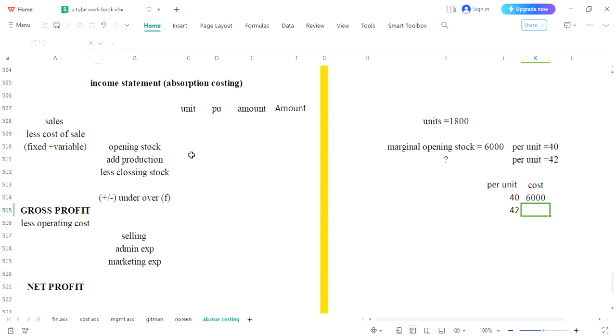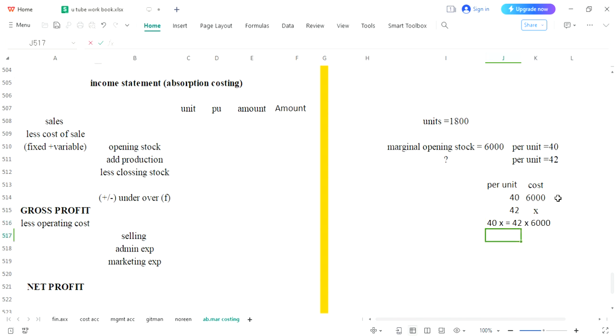How much would be the value of opening stock? Now there will be a cross multiplication. X would be multiplied by 40. We will get 40x. And what would be left on the right side? 42 multiplied by 6000.